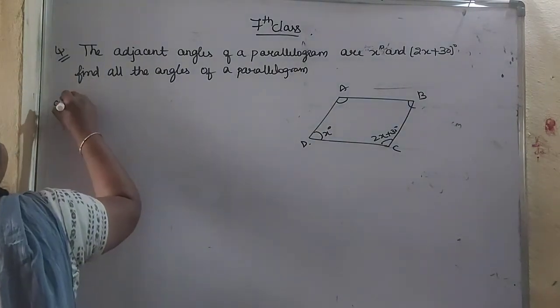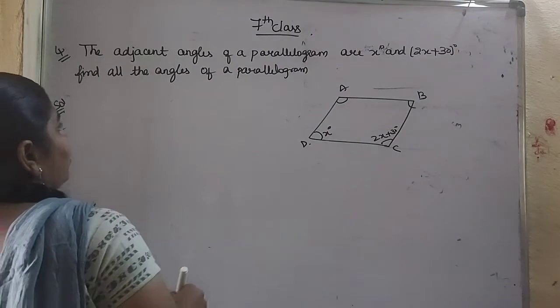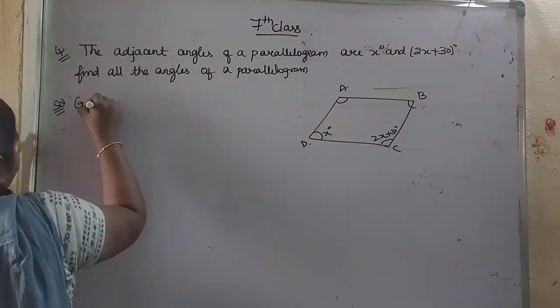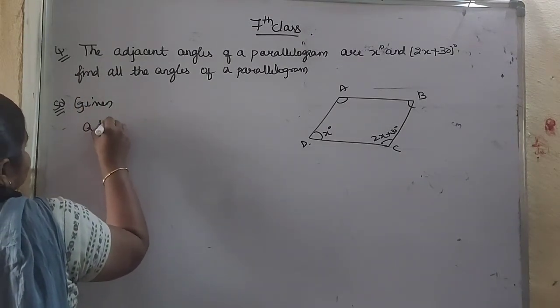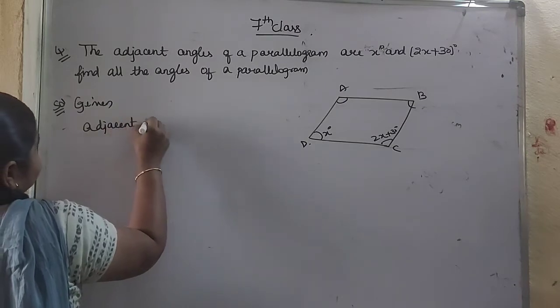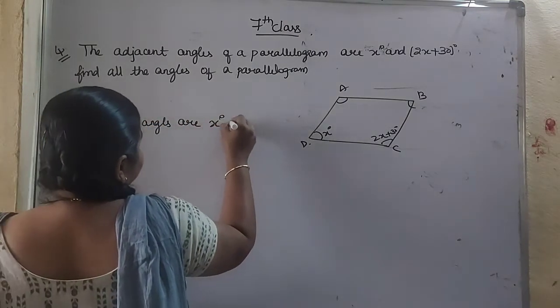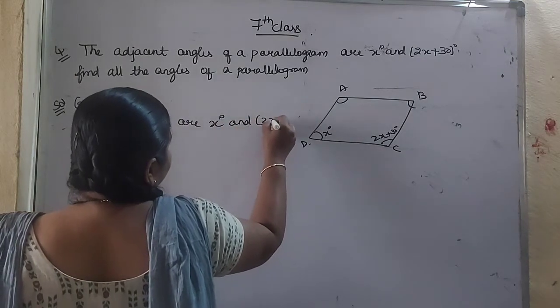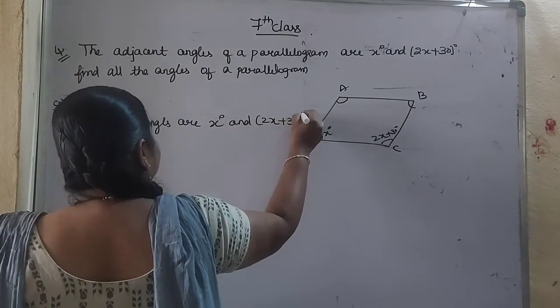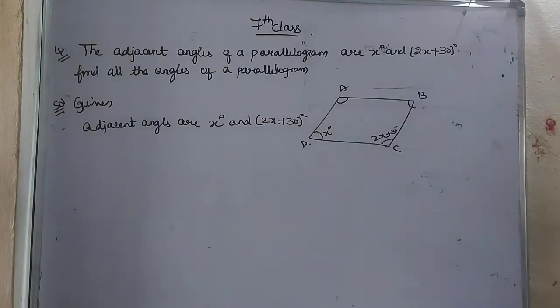So what they have given, we will write first. They have given that the adjacent angles are x degrees and 2x plus 30 degrees.